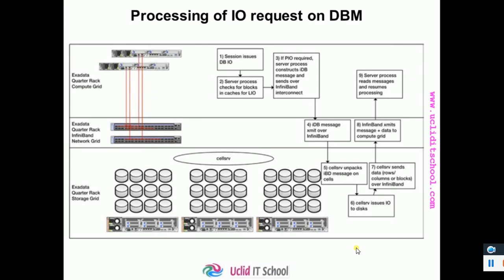A physical IO is issued in the form of an IDB message. The IDB message is transmitted over the InfiniBand network and reaches every cell. On every cell, the cell server unpacks the message, issues the IO request, then filters the matching data at the storage server level itself and sends only that matching data to the database server.